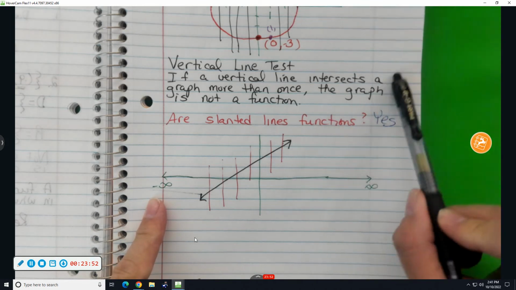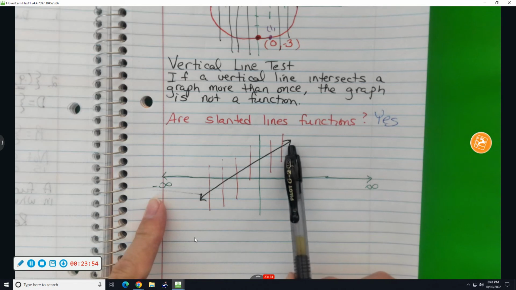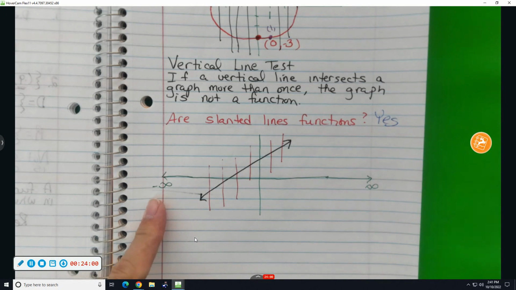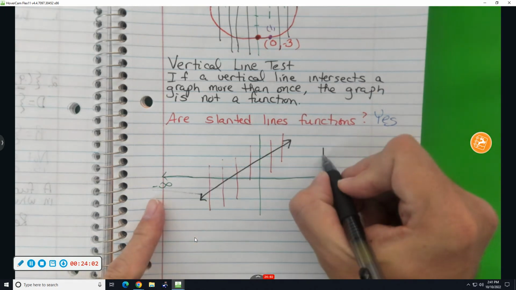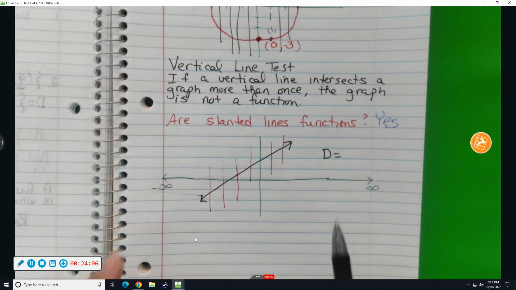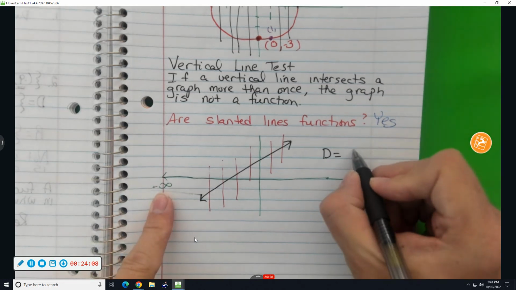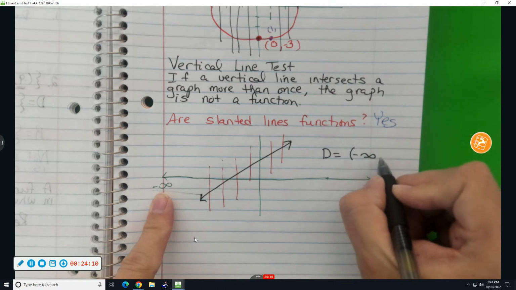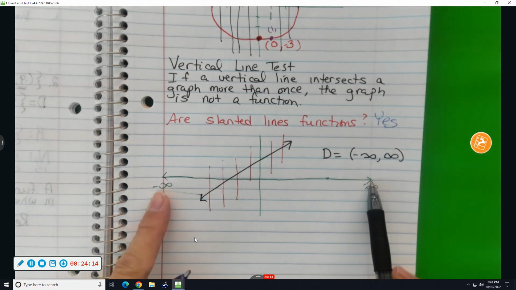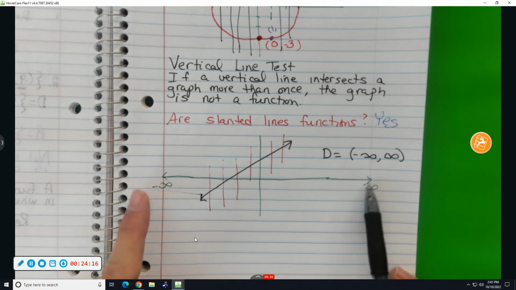Yeah, if you keep going, these arrows mean it's moving. This arrow here means it's moving up, but also to the right. So in general, for any slanted line, the domain is all real numbers, and the way we write that is negative infinity to positive infinity. That means it stretches this whole x-axis.